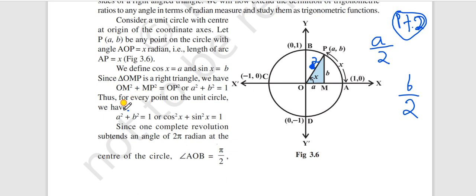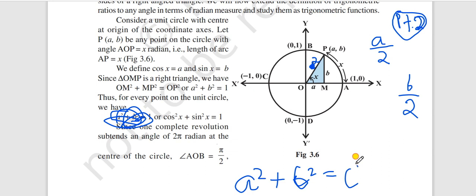The Pythagoras theorem is this: a square plus b square equals c square, where ABC is any triangle.